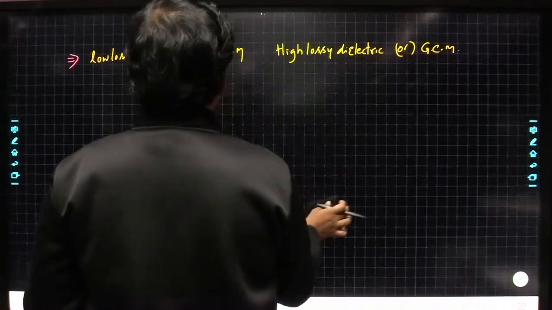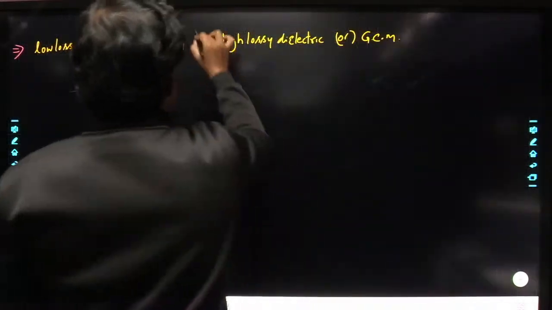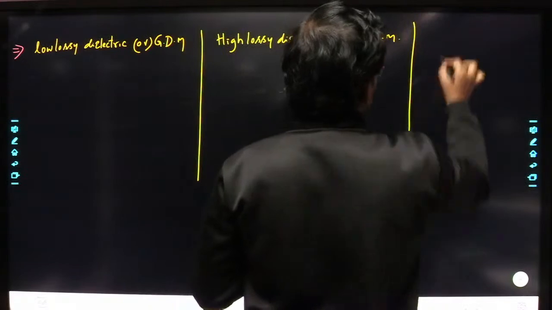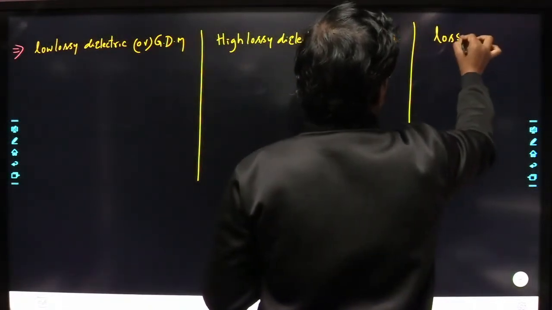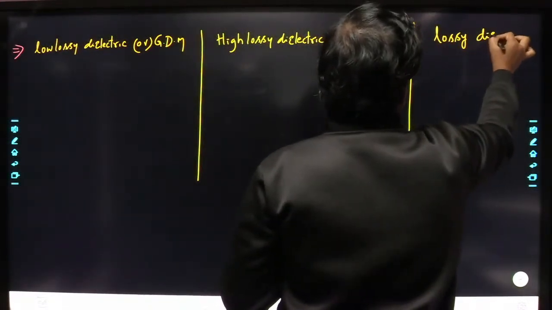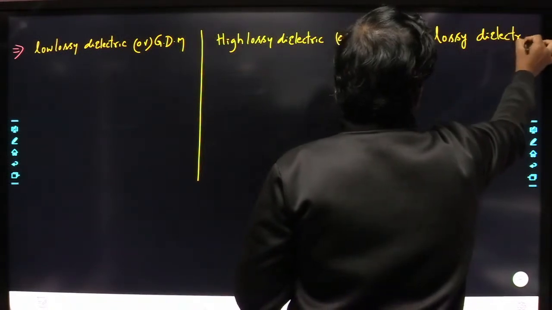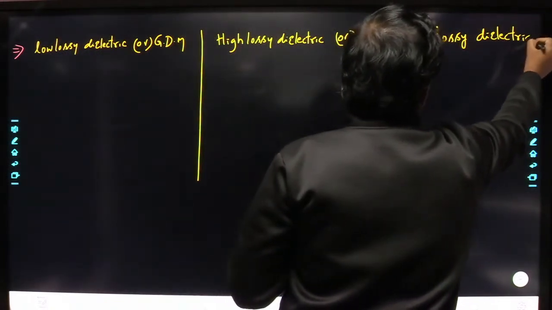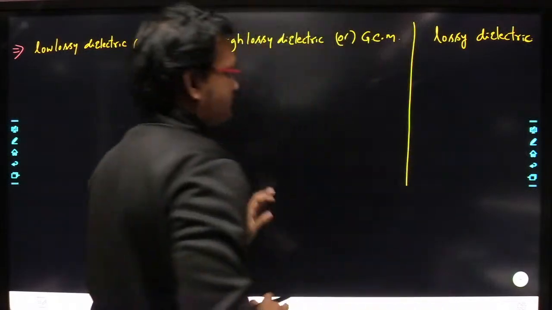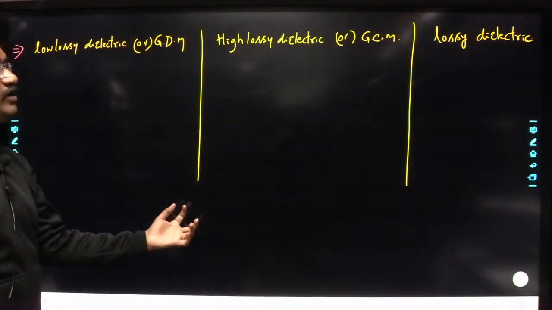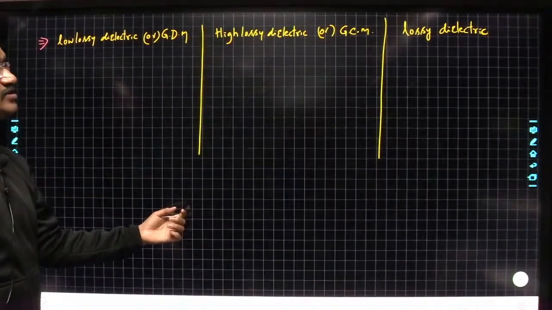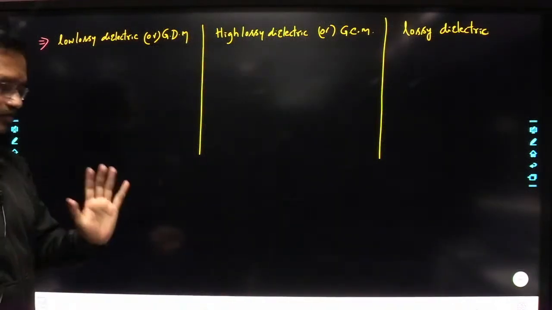Or simply, they will call it lossy dielectric. So what is the difference between these terminologies? You must be familiar with these terminologies, and in general what they represent. If you understand these things, then the problems are going to be very, very simple.